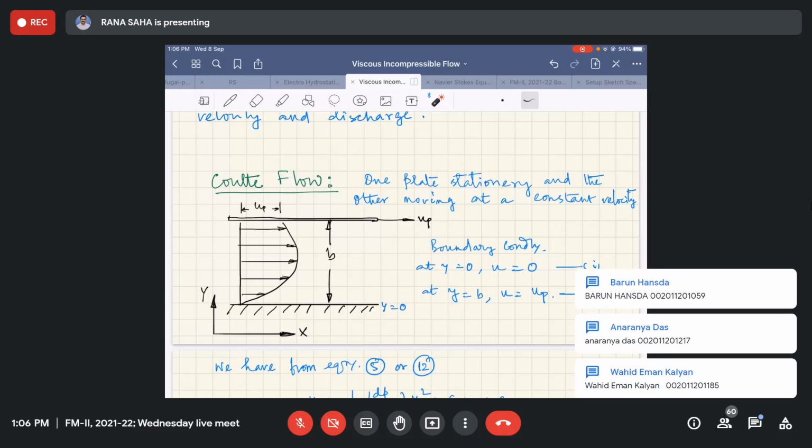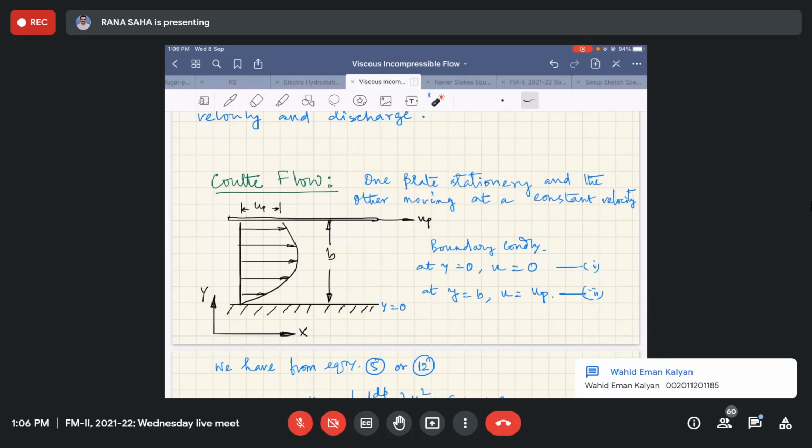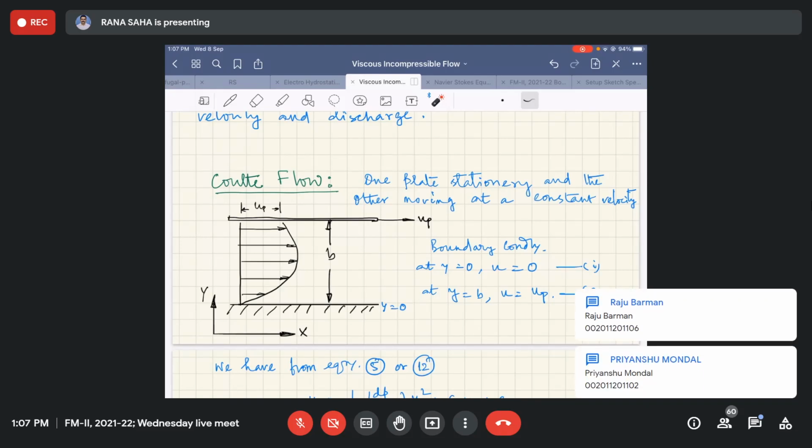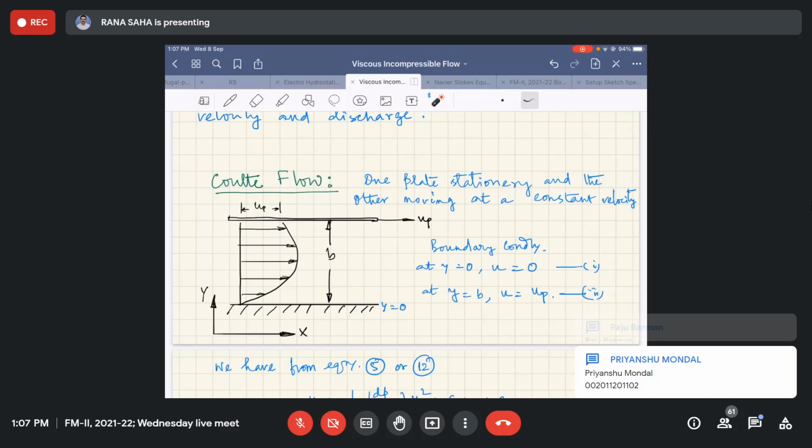Here one can notice that the change that takes place is in the condition at the boundary.